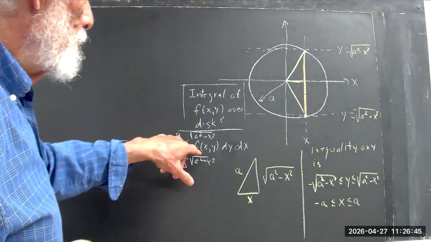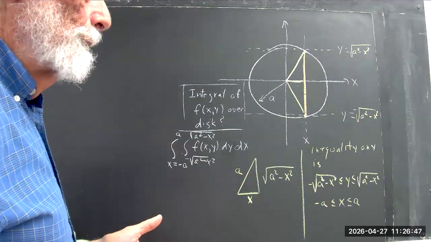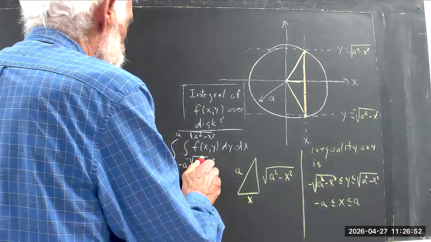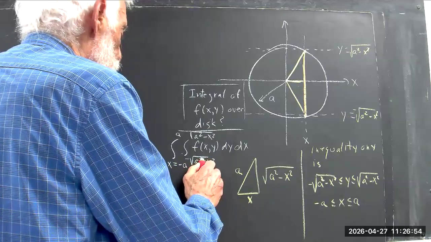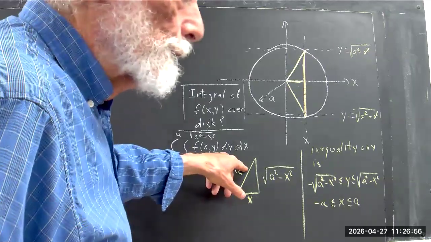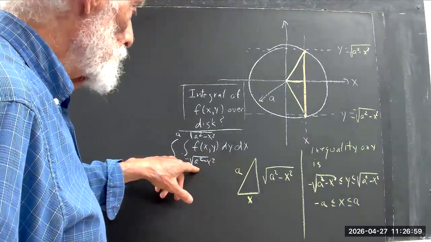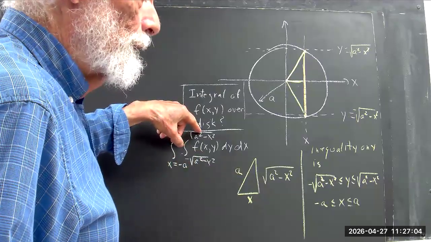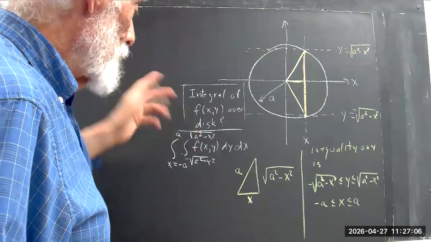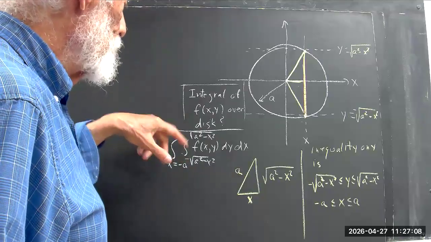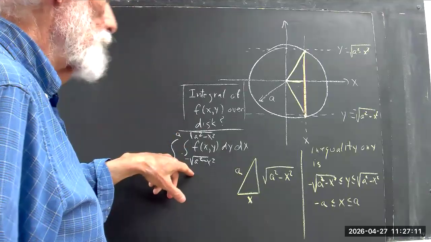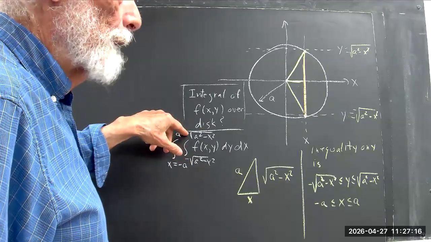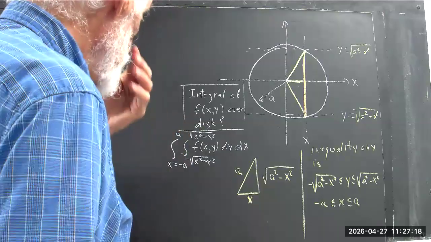Now, when you integrate f of x, y with respect to y and find an antiderivative with respect to y, the integral is just going to be the value of the antiderivative when y equals this, subtracted from the value when y equals this. In other words, it's going to be the antiderivative at the square root of a squared minus x squared, subtracted from the antiderivative at negative square root of a squared minus x squared.